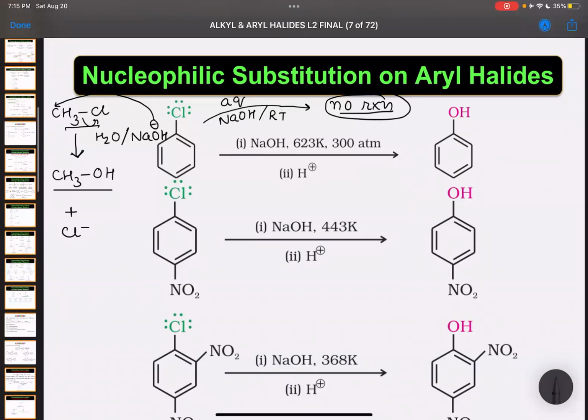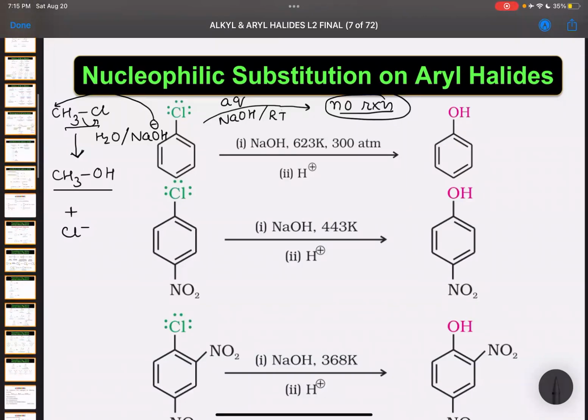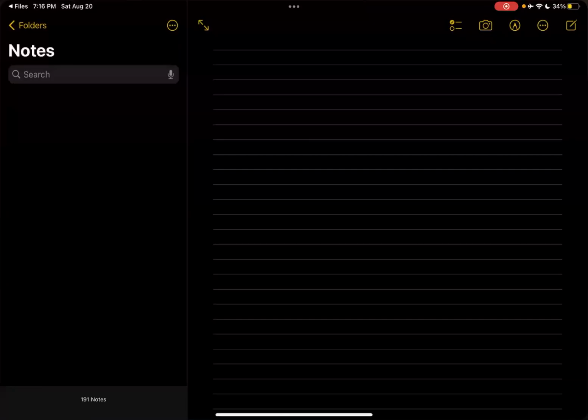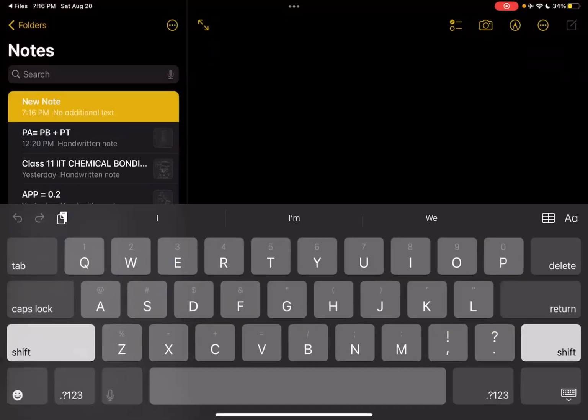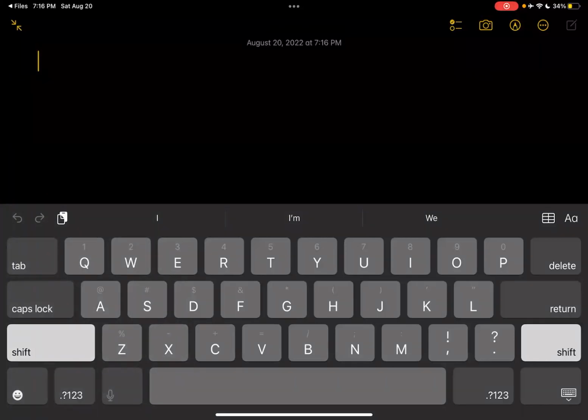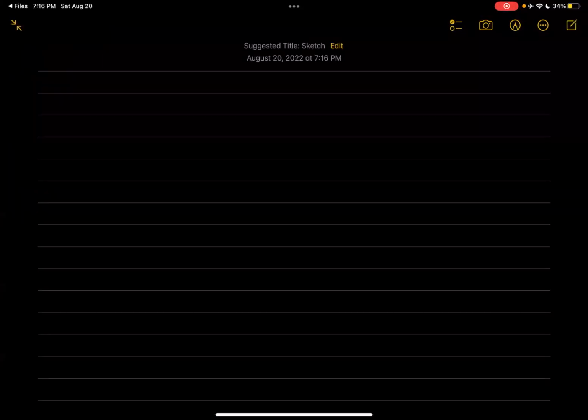Why was the chlorobenzene not getting displaced? Resonance. Yeah, resonance, right? So let me write the resonance structure. There are two things actually. Because of the resonance, it will be more stabilized. So why is chlorobenzene less reactive and difficult to react with NaOH?